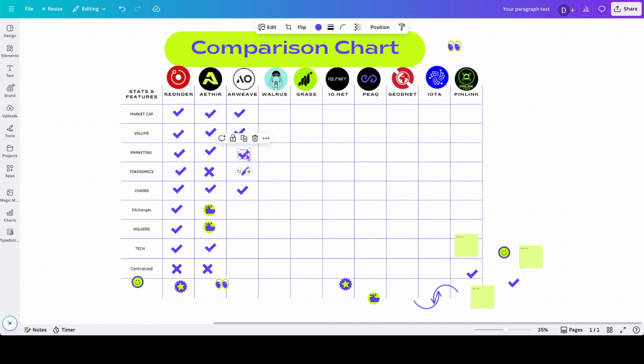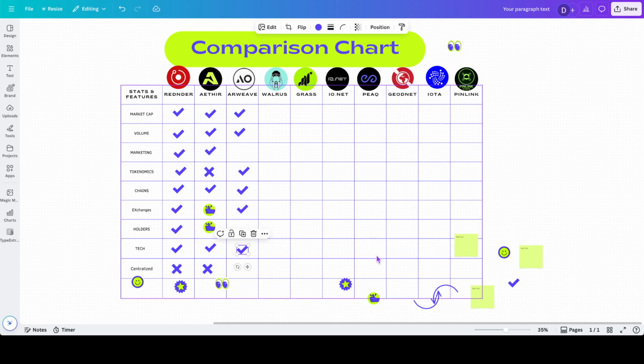I'm going to give them exchanges as well. This is on Binance. This is on all of the big players. The next one I'm going to score for them is the tech. Arweave's own permaweb is revolutionary. And when you consider AO as well, that is really, really good.